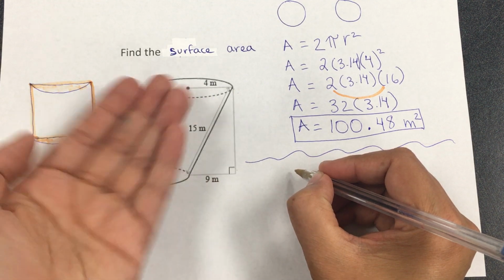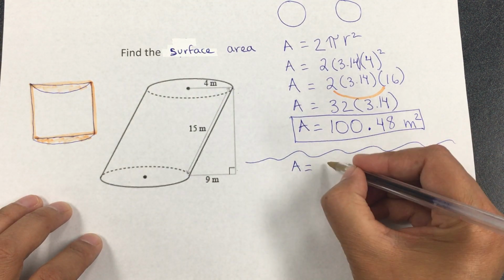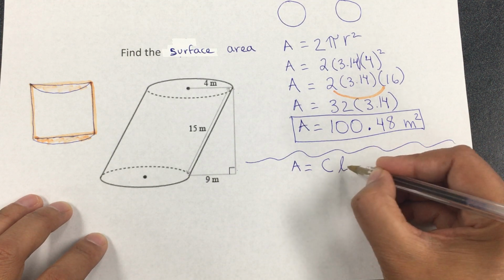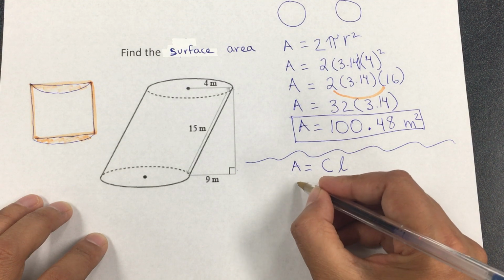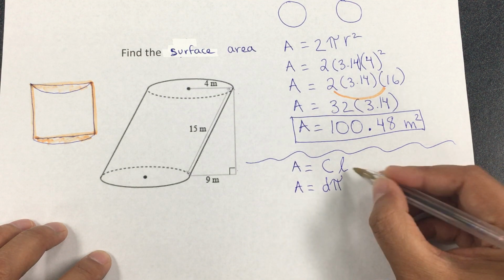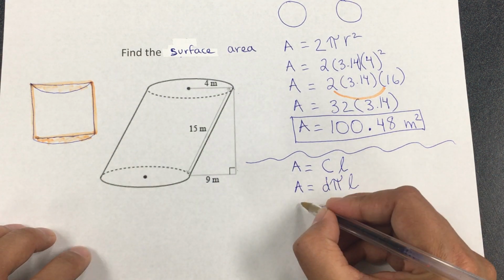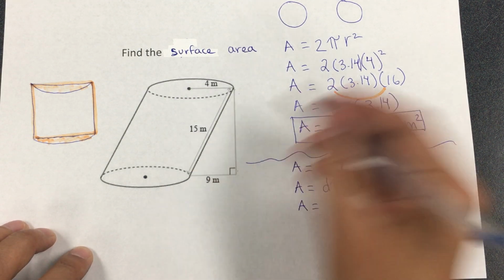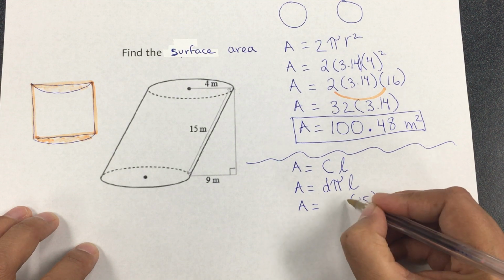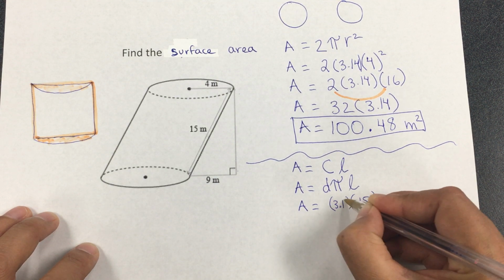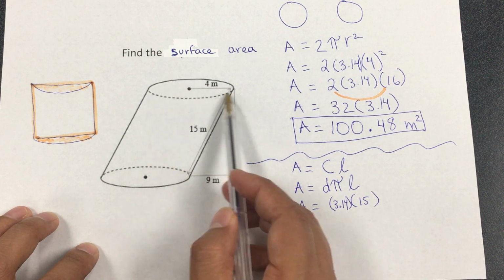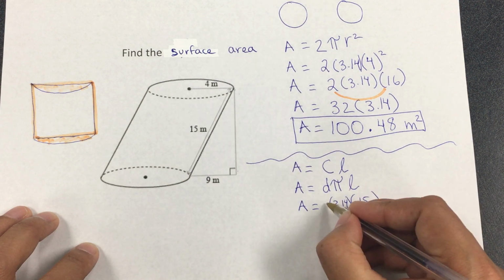Okay, so for the lateral area, you're going to get circumference times, is either S or L for lateral side, okay? And so the circumference is D times pi. The lateral side, or S for that side, is going to be replaced with 15. Oh, I didn't give enough space. 3.14 for pi, and the diameter is, if the radius is 4, the diameter will be 8.